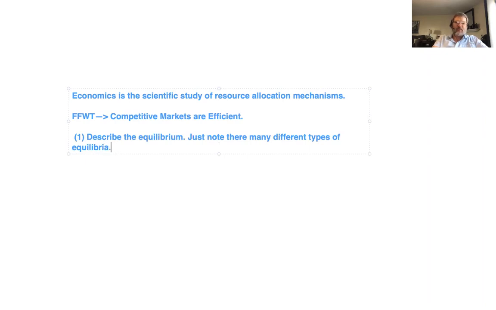Equilibria being plural for equilibrium, we don't generally say equilibriums. So for example, you have a competitive equilibrium, a monopoly equilibrium, and oligopoly equilibria of different types.